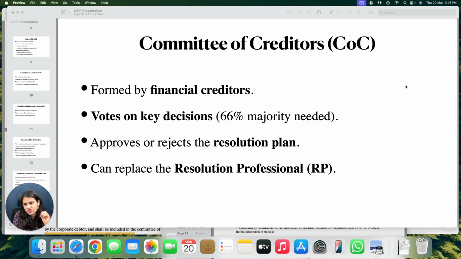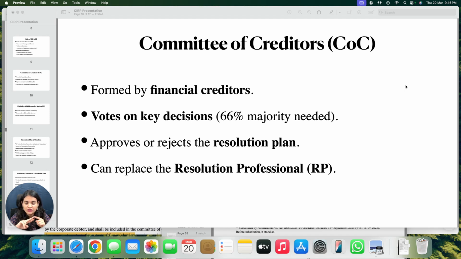All right. So ordinarily the procedure in appointing is, from a practical aspect, the IRP or the RP will invite quotations from various valuers, and they put these quotations and the profiles of the valuers before the committee of creditors, and upon their inclination and decision, two registered valuers will be appointed.